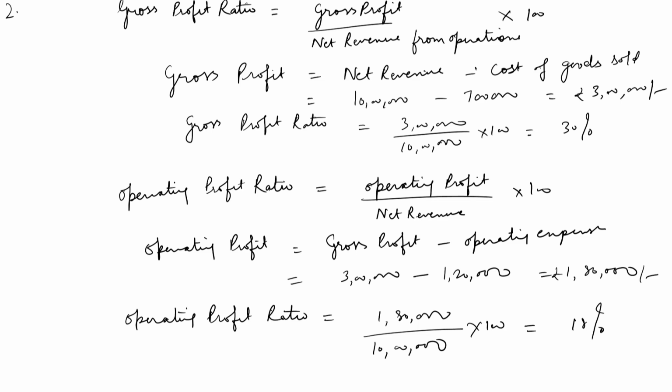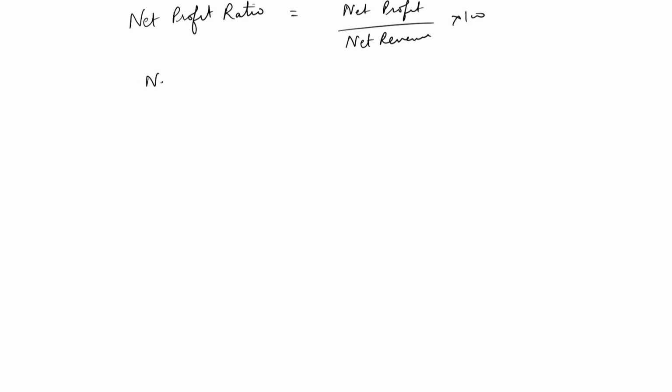Next in the row we have to compute the net profit ratio, which is equal to net profit upon net revenue into 100. The calculation of the net profit will be like this. We have already calculated the operating profit, so we are continuing from the same.